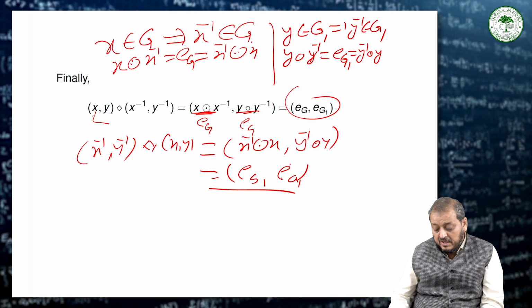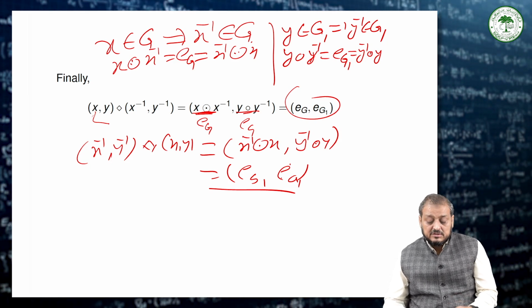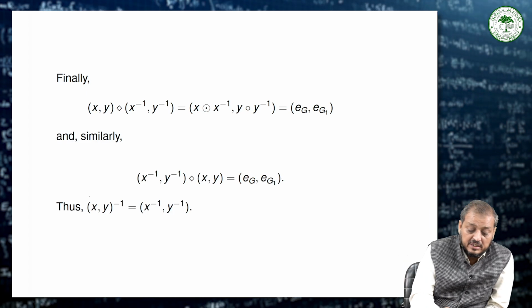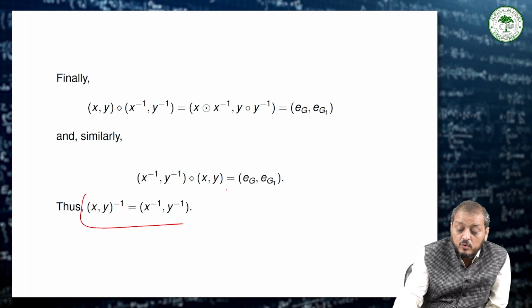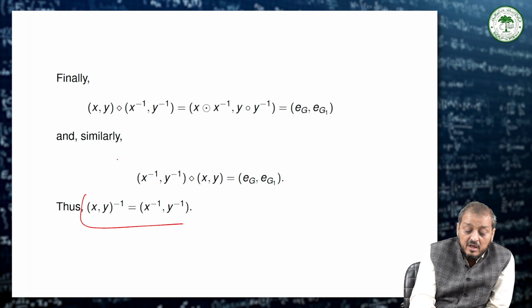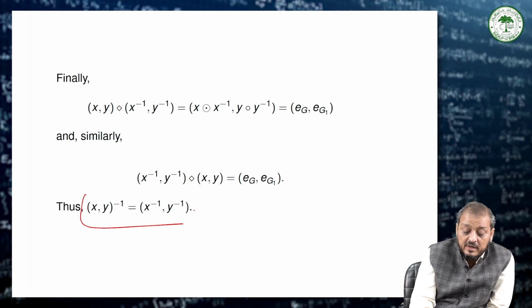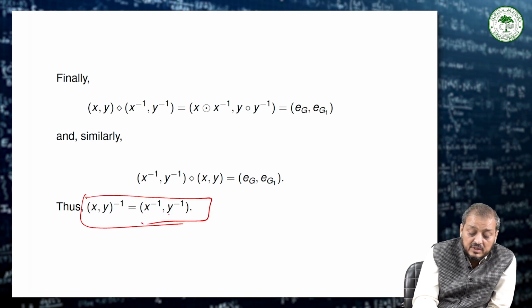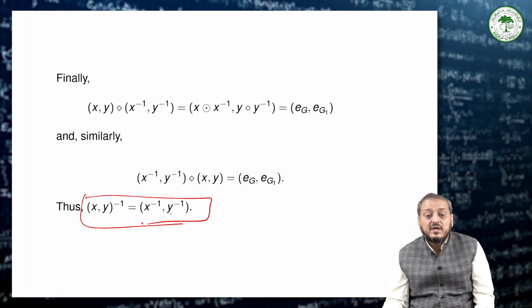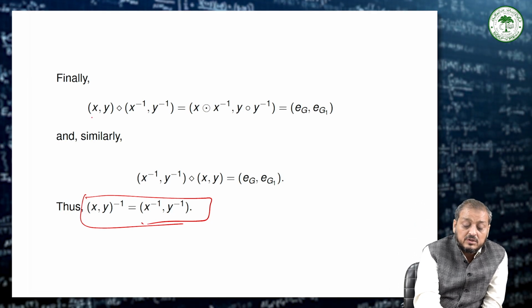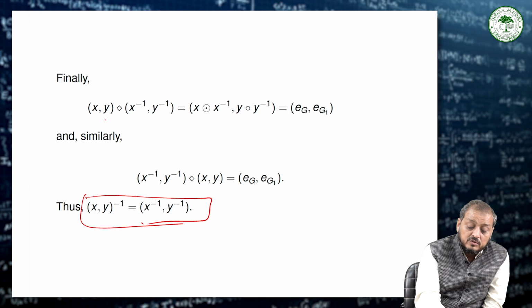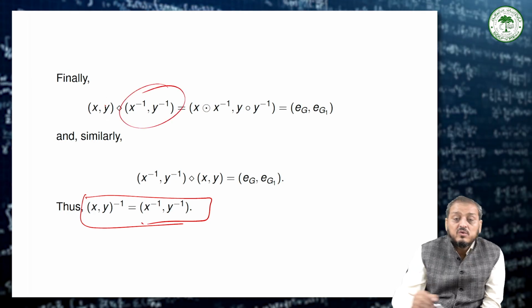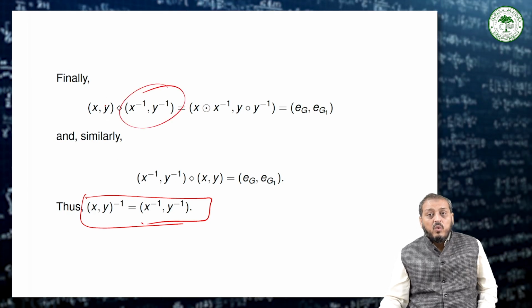If both of these exist, then the inverse of (x, y) is nothing but (x inverse, y inverse). We just have to show that the composition is equal to the identity. So the inverse of this is nothing but x inverse and y inverse.